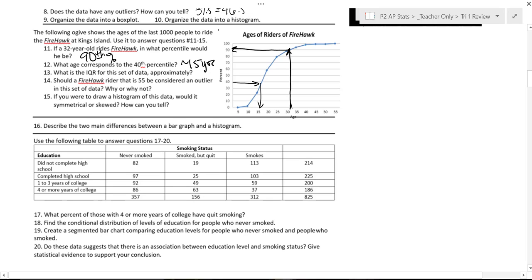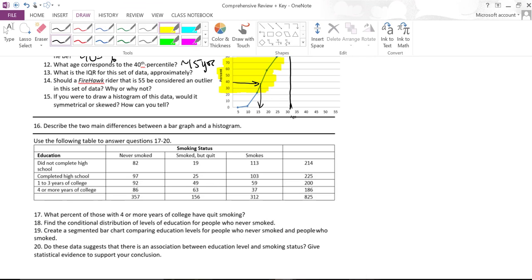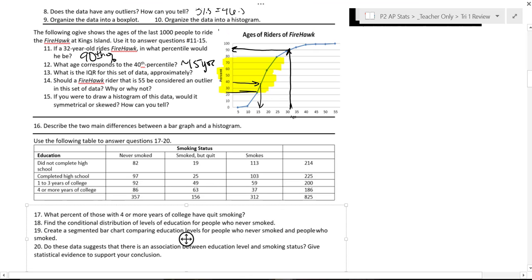When we're looking at that IQR, remember that's the middle 50%. So that's saying from the 25th, and let me get a highlighter here, from the 25th to the 75th. This is essentially my interquartile range, the center of that box.